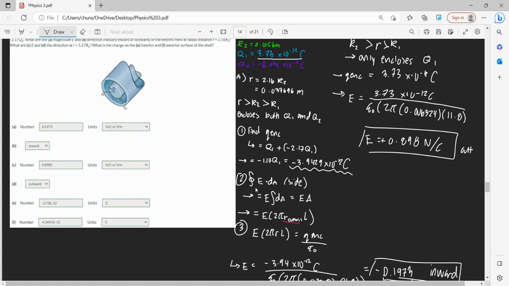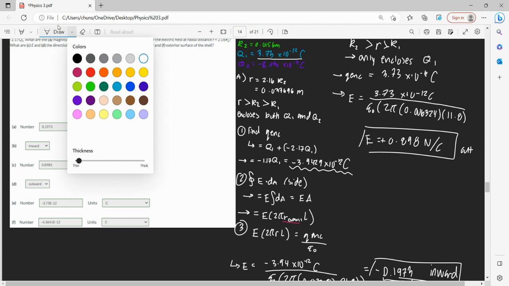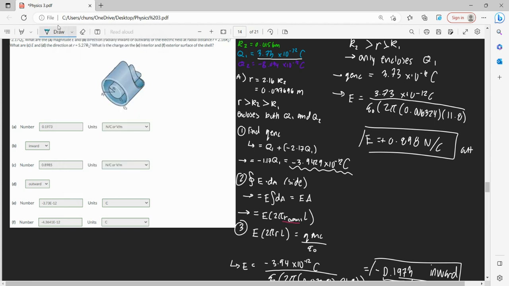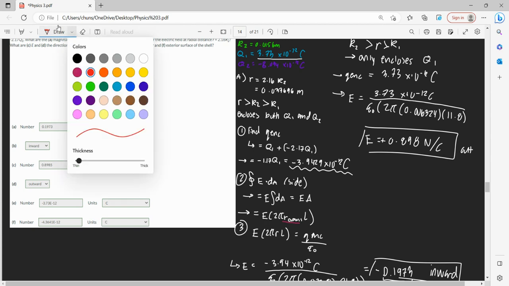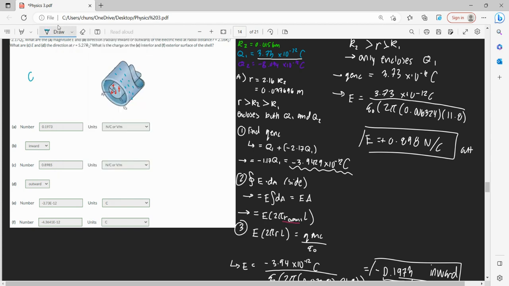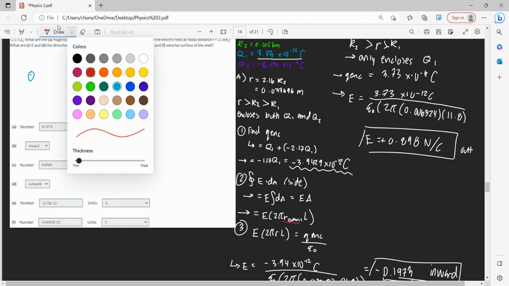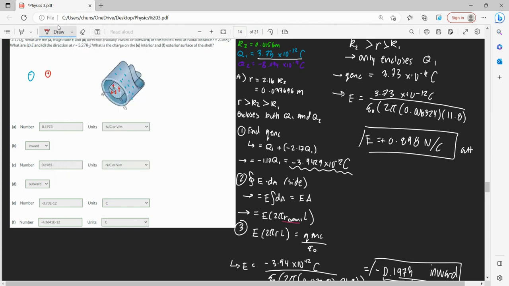And the reason it is negative, I think, is because, so we have negative charge here. We know that Q1 is positive charge. And we know that when we have electric fields, points from positive to negative.